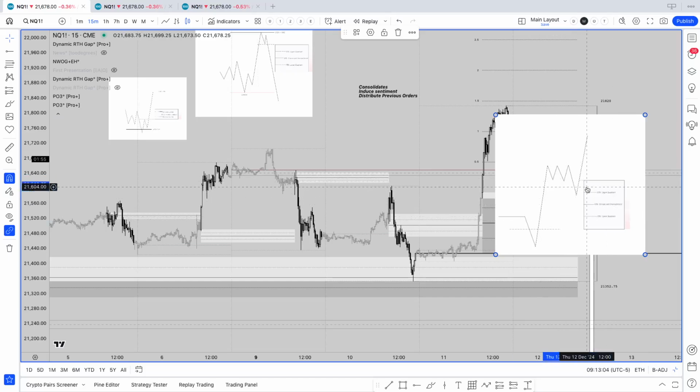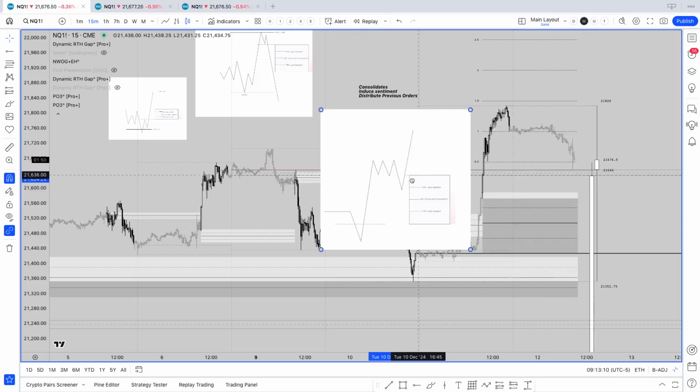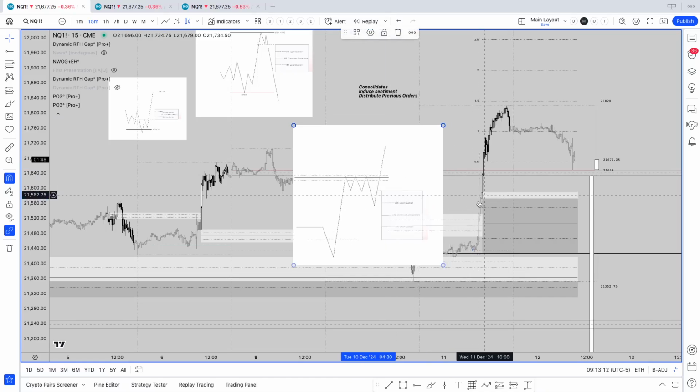So this is the ICT classic buy day, but the way that I use it with the gap is basically when I am anticipating this profile on the week, I'm not expecting to close the gap.